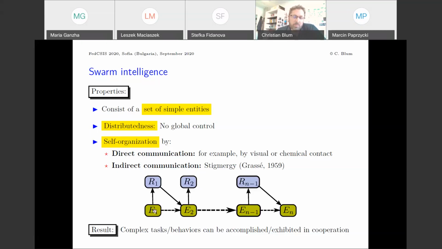When the environment is in a specific state, this triggers a response of the colony, and then this in turn changes the environment, which in turn again triggers a different response, and so on, until the environment at the end is in a final state for this task, for example, building a nest. So complex tasks can be accomplished in cooperation. This is the important term here, in cooperation.